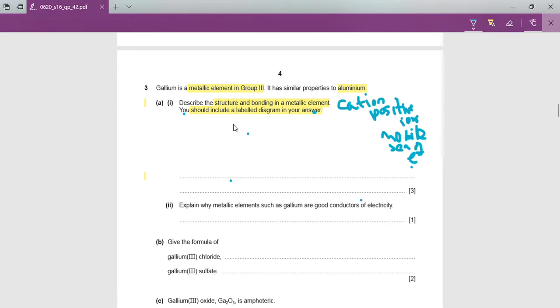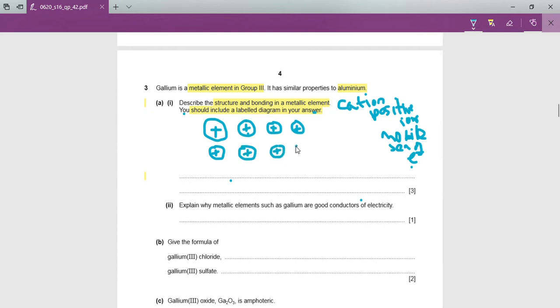So for the diagram, you have to draw cations, which will be plus. You can draw as many as you want, but make sure they're not touching, otherwise that would not get you any marks. You can put them close, but make sure they don't touch.